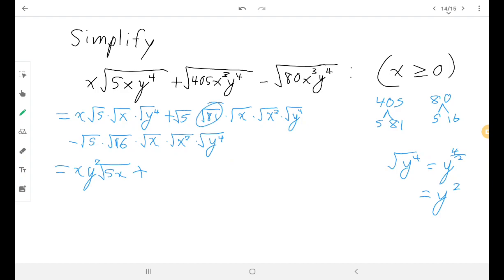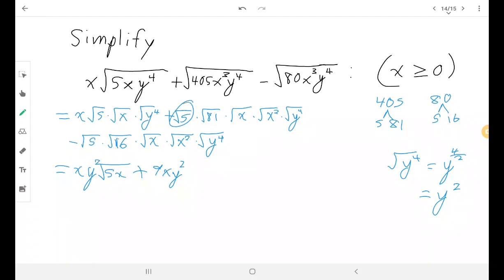So now I can call that square root of 81, I can call that 9. Square root of x squared is just x. Square root of y to the 4th is y squared.